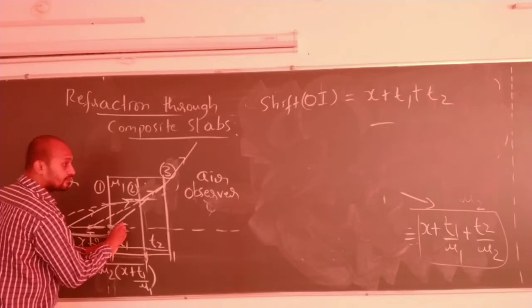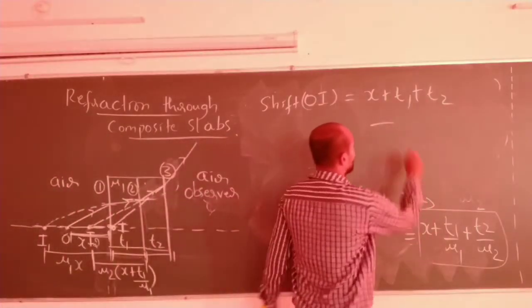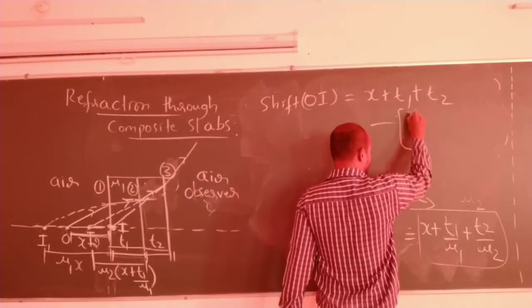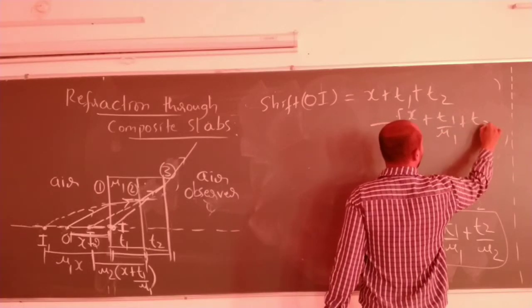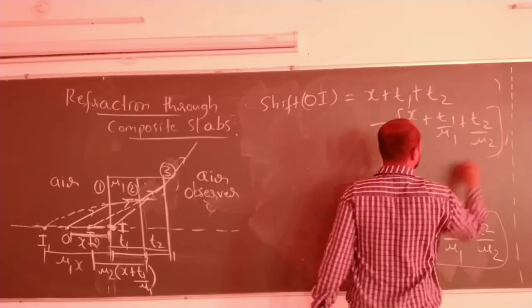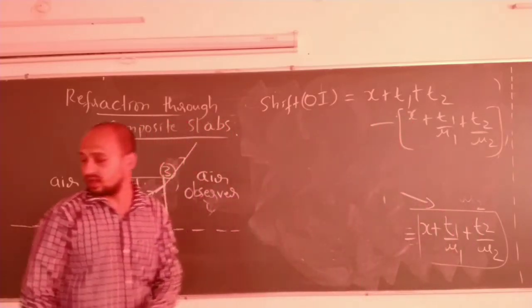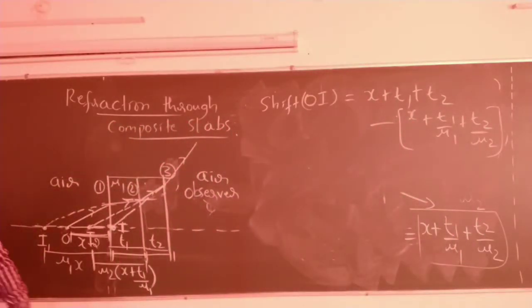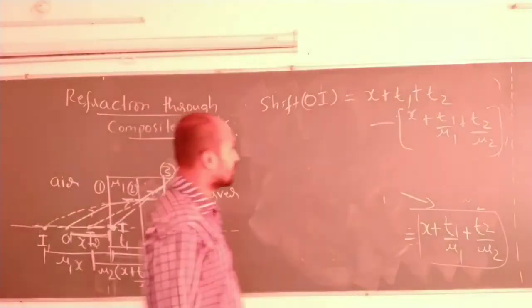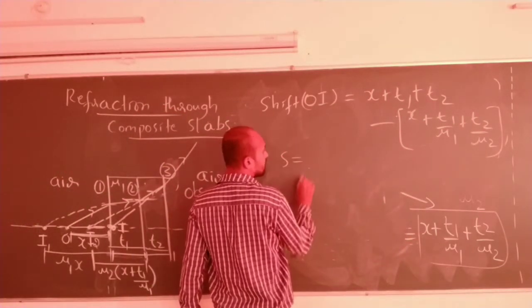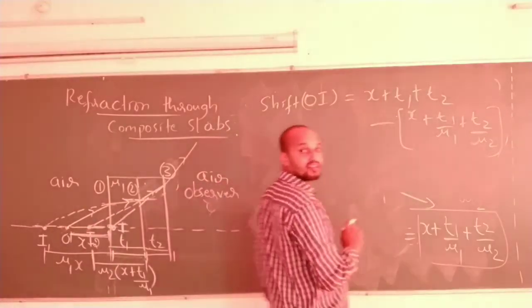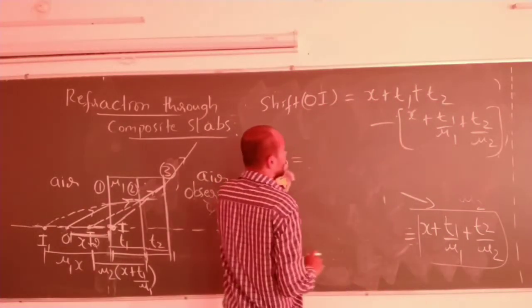The apparent depth is, this is I1. How much did you get? Minus x plus T1 by mu1 plus T2 by mu2. Correct now? So what can I say? The shift due to this composite slab will be how much?